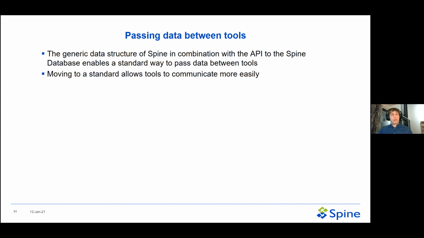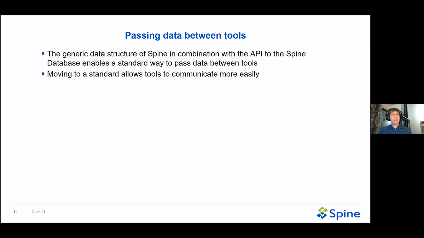So it's a workflow, so we need to be able to pass data between tools. And we have this generic data structure on one hand, and then we also have this application programming interface in Python and in Julia, where you can access the data.